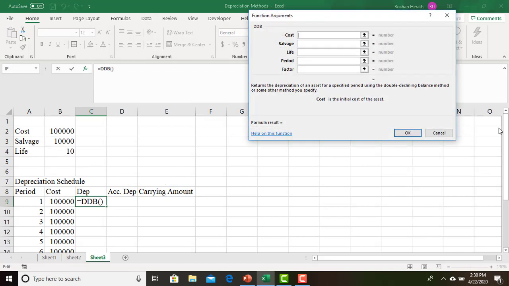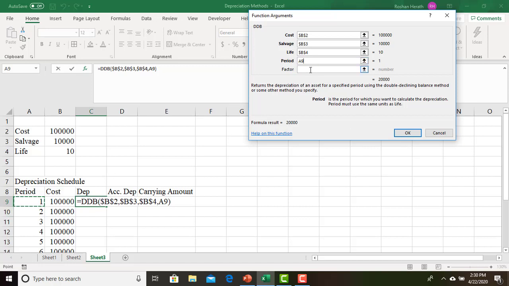The cost needs to be entered, 100,000. Salvage needs to be entered, 10,000. Life 10 years. Now we come to the important one, the period. You may make it 1, that is, you make a relative cell reference, and that's it.